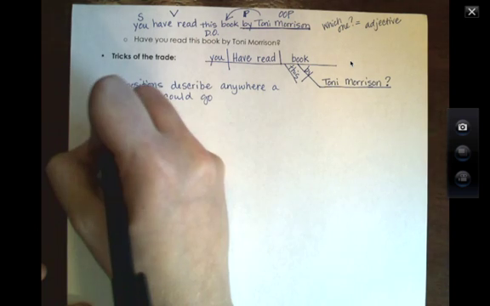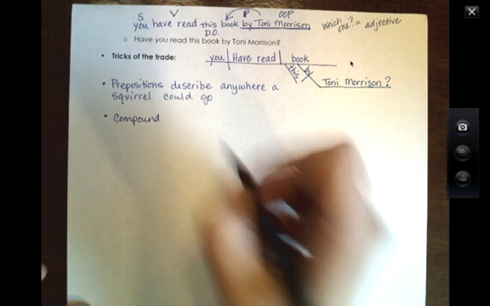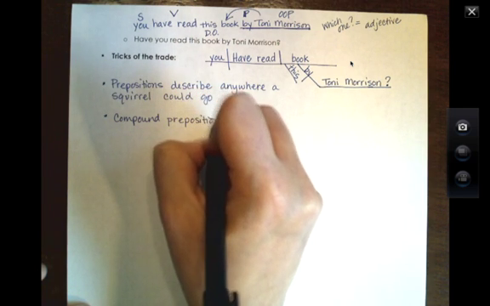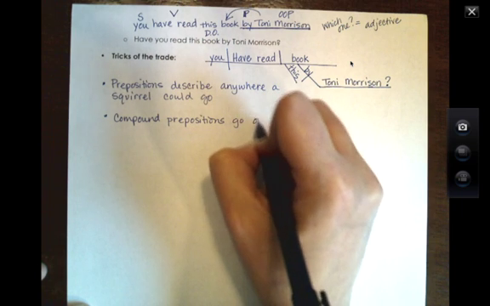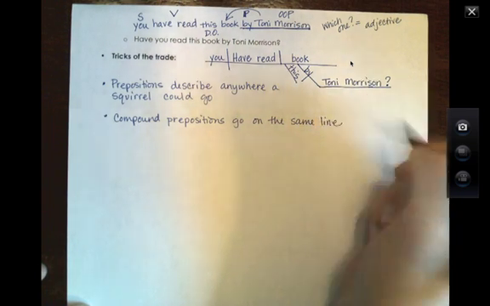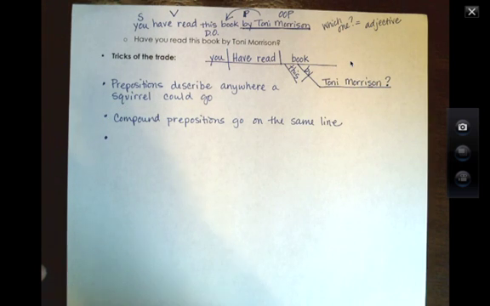Also, something else to remember, compound prepositions go on the same line. Another rule of thumb, always determine what question your prepositional phrase answers.